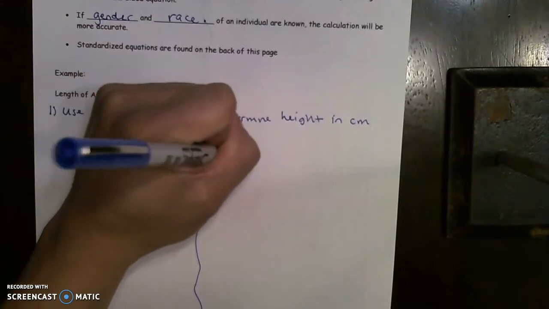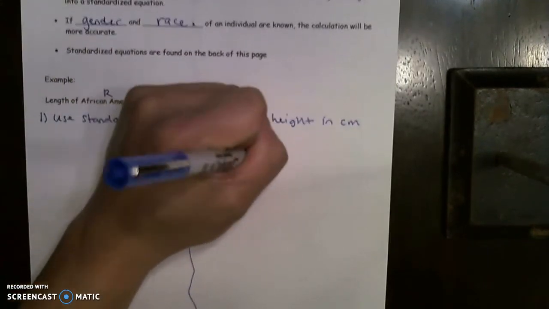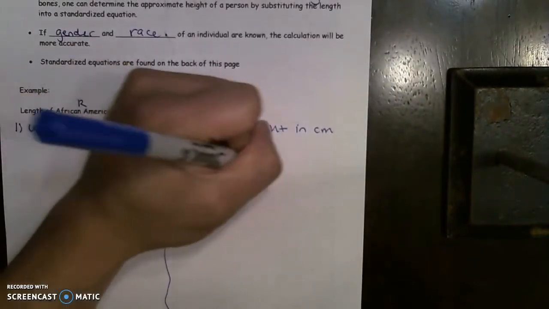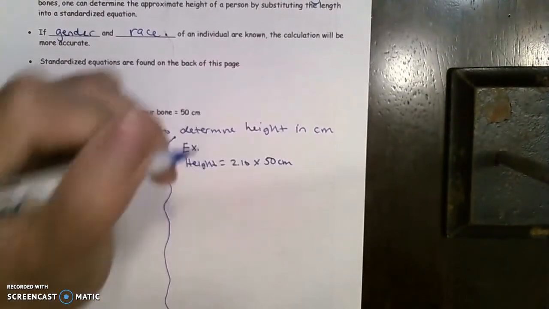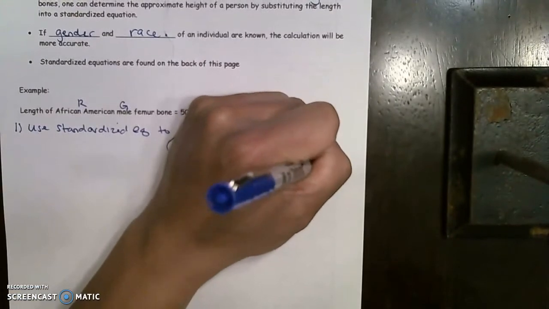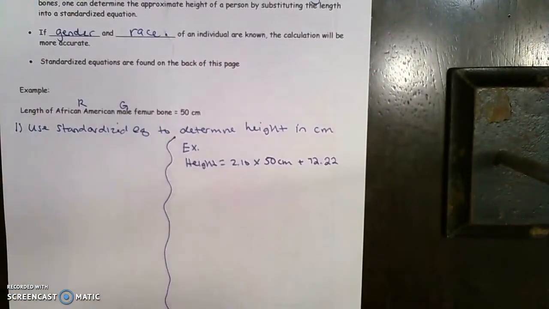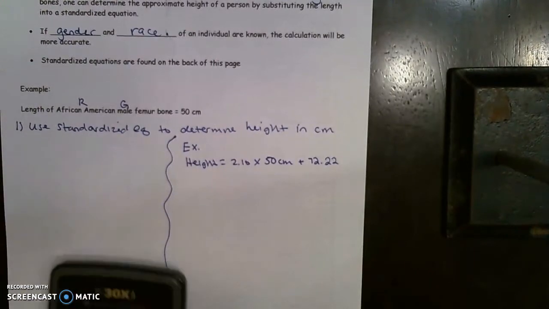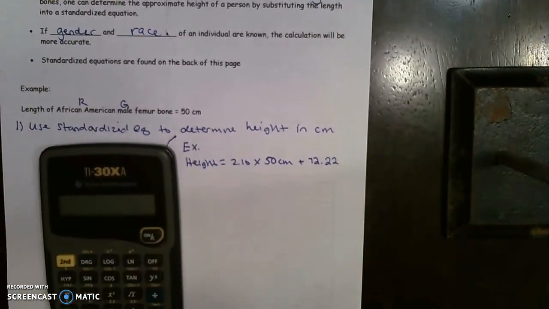Height equals 2.10 times my femur bone, which is 50 centimeters, plus 72.22. Take my calculator. 2.10 times 50 plus 72.22.